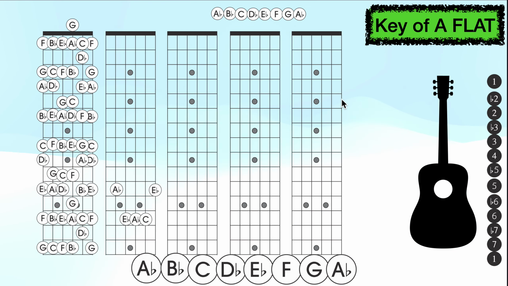One other thing that I've done with most of these key videos that we've done so far is take a look at how we have our shapes, our E flat major like this, like that, and our three notes per string.